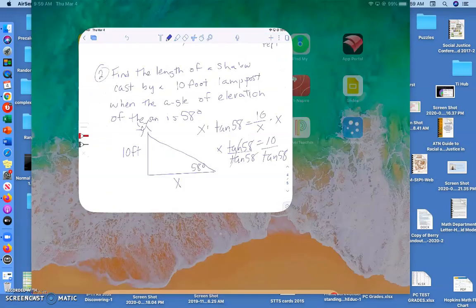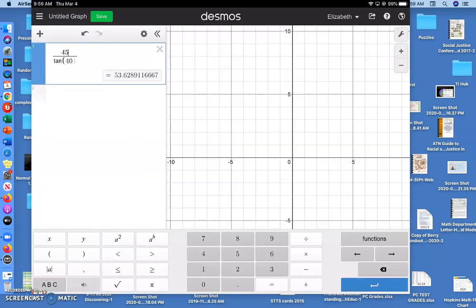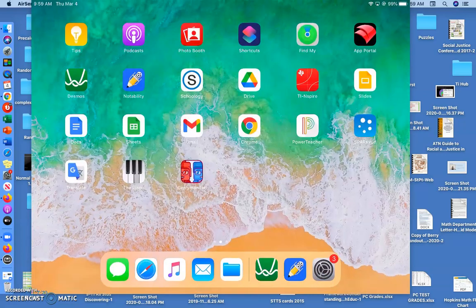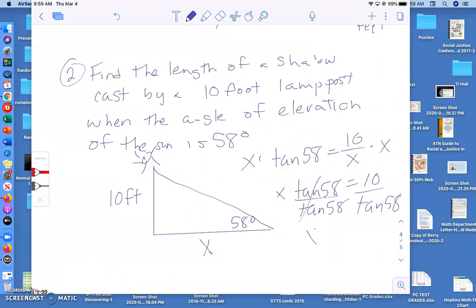So we got 10 divided by the tangent of 58. So we have 6.23 feet. So this would happen to be both tangents. They're not always tangents. Just make sure you're getting everything labeled correctly, and then you'll be using those trig functions to solve.